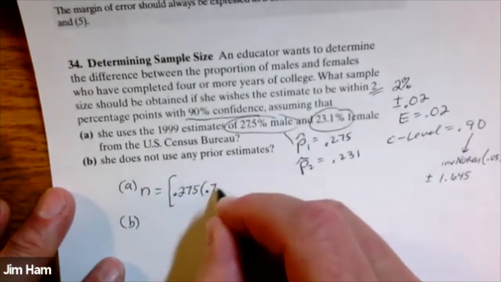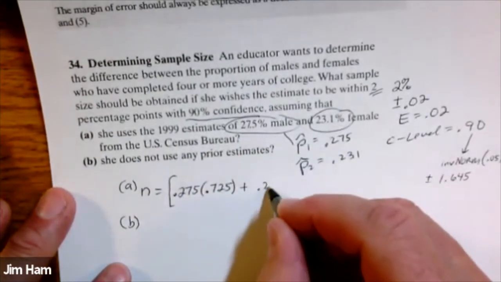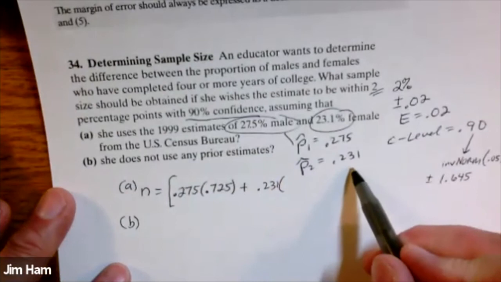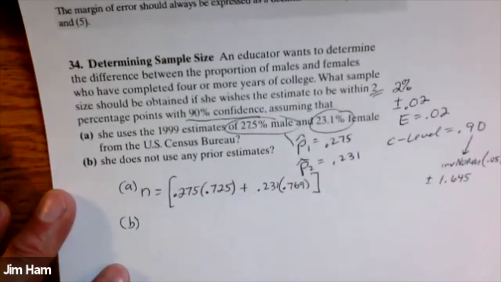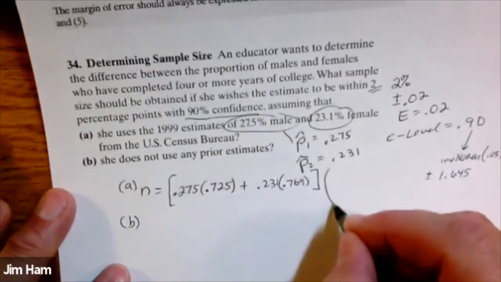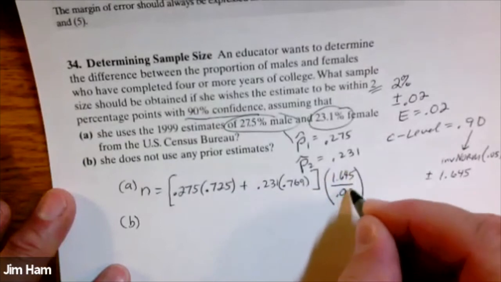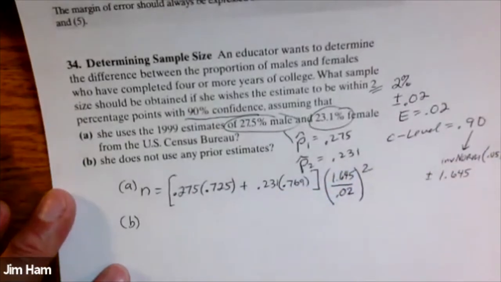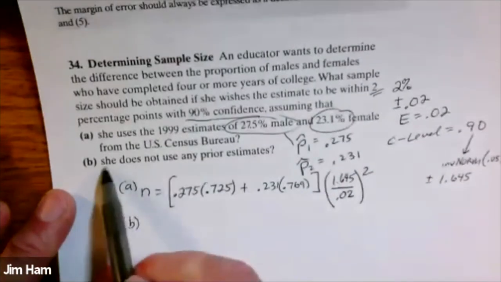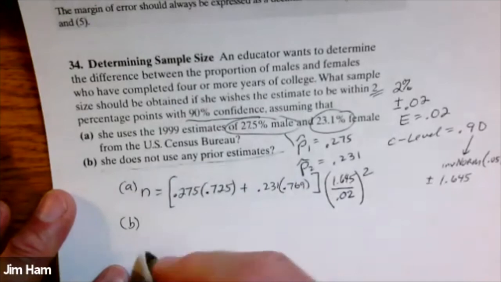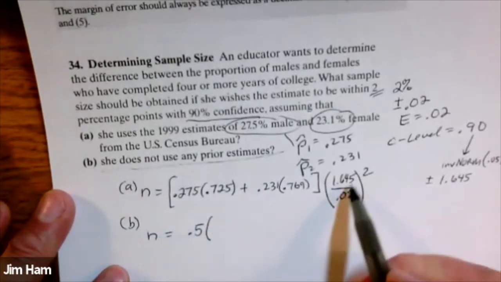And 1 minus that is 0.725 plus, and we're going to go to the P2, 0.231, and then 1 minus that, 0.769. All right, so we're going to add those two together, and then we're going to multiply by the 1.645 over the 0.02, and we're going to square that. And whatever we get, we're going to round up. If she does not have any prior estimates, then N is going to be just 0.5 times this number.